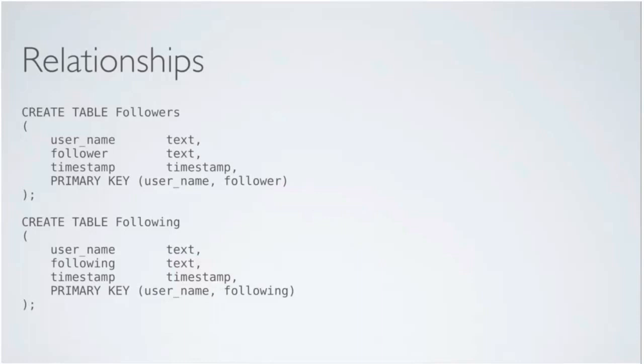So now let's make it simple and say, let's just create two tables, one for followers, one for following. They're basically the same, except they've got a different field. One's got follower and one's got following. And we'll set the primary key to be the username and then the follower.